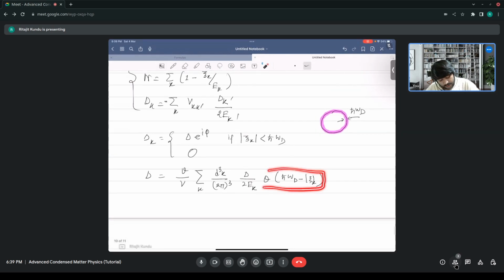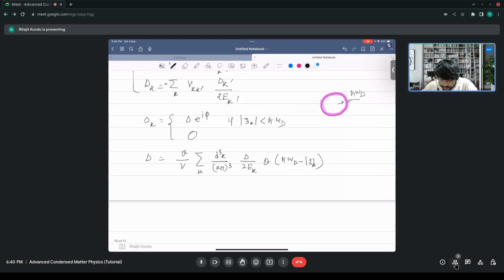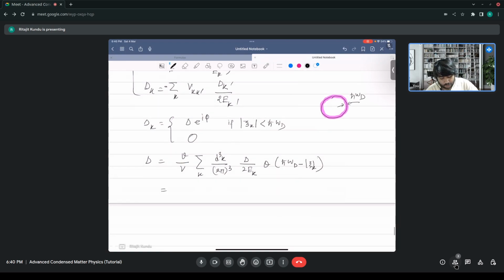Now we can convert this 1 by volume summation to a momentum integration, d3k over 2 pi whole cube, delta over 2E_k, and the Heaviside theta function of xi_k.